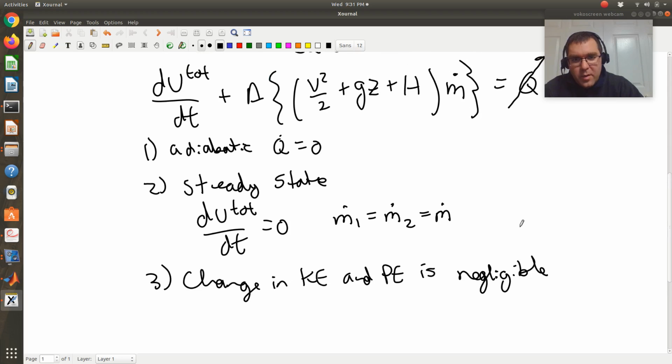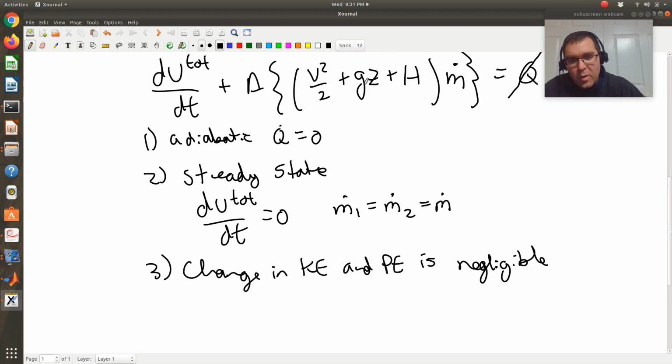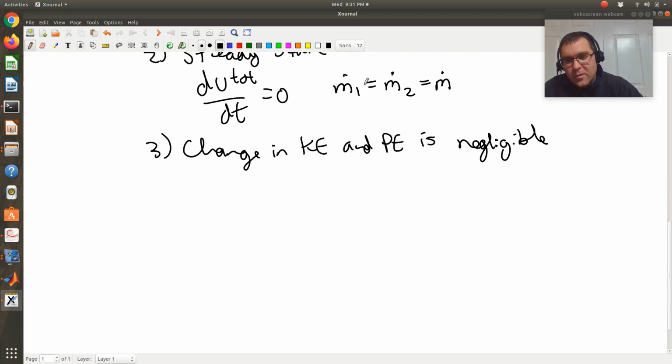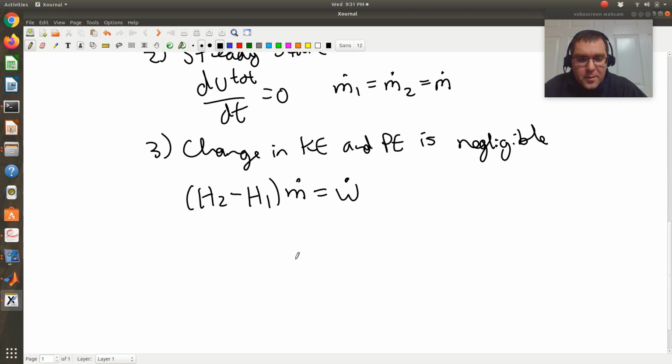Okay, so therefore my kinetic energy term and potential energy term are negligible, or 0. So my first law balance for this problem reduces to H2 minus H1 times m dot is equal to W dot.